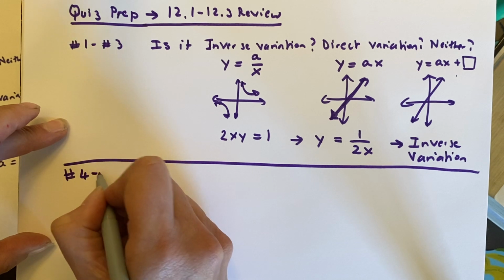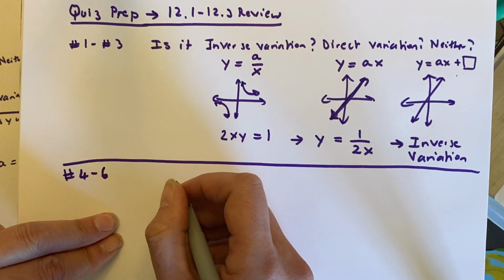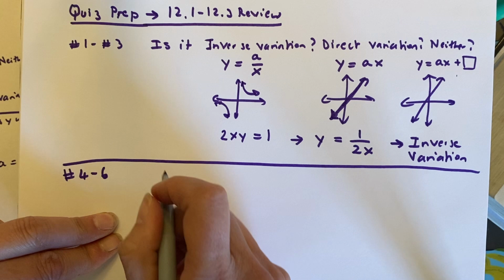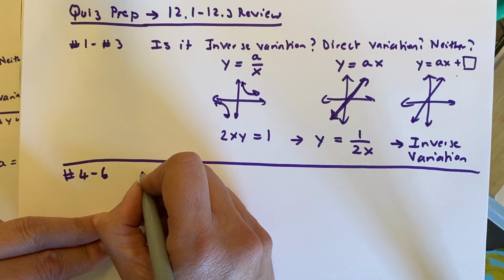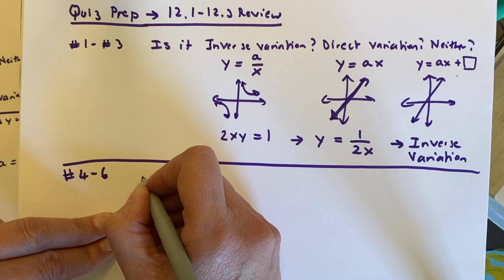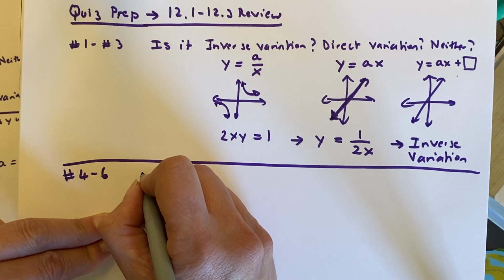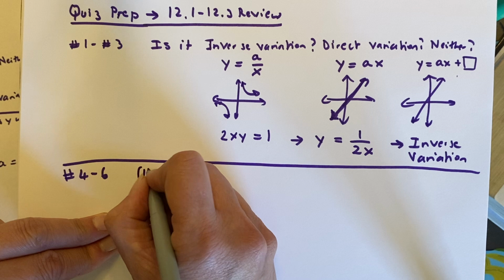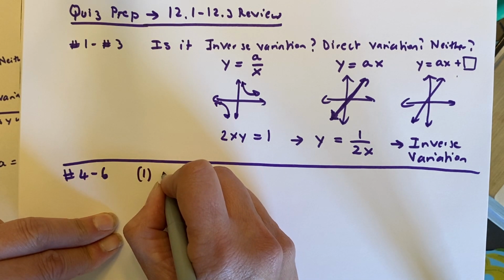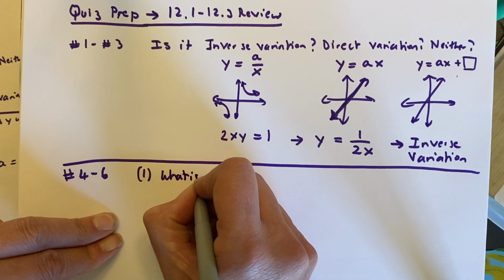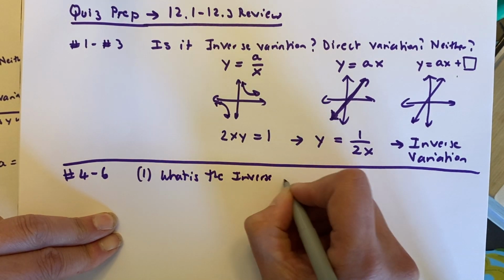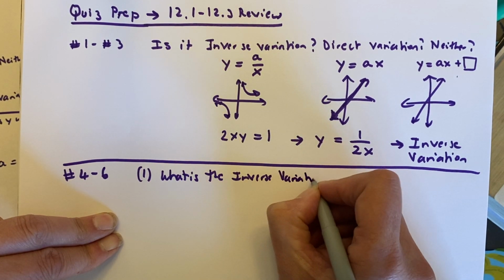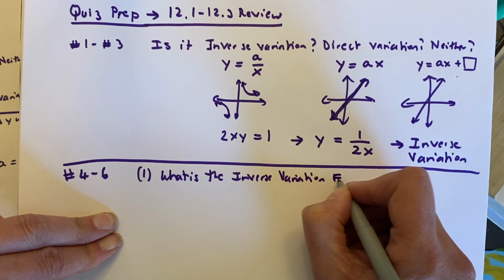Let's look at 4 through 6. They're asking you two questions. They're telling you, first of all, this is an inverse variation, and given that it's inverse variation, what is the inverse variation equation?